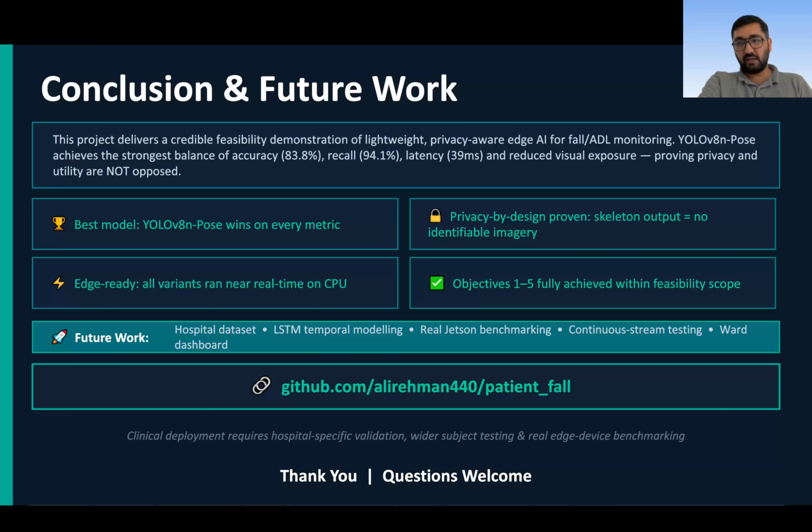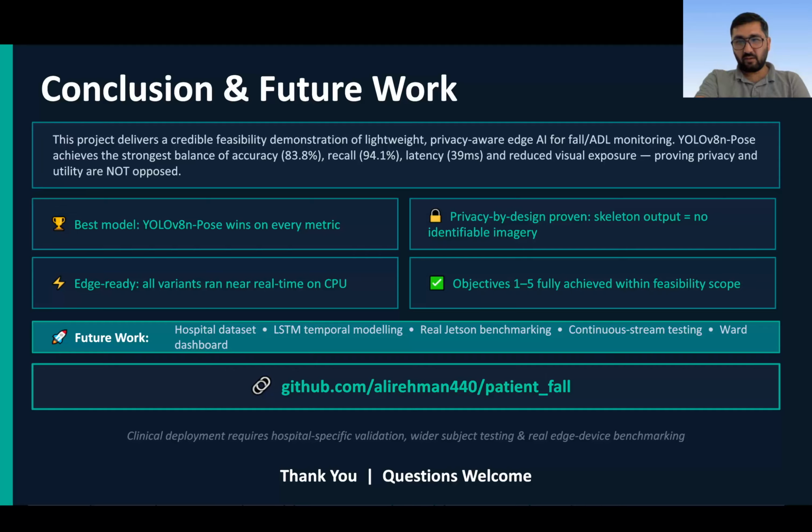Most importantly, it only missed one fall out of 17 on test. The skeleton-only output proves that privacy and monitoring utility are not opposed. You can reduce identifiable imagery to body keypoints and still achieve strong detection.